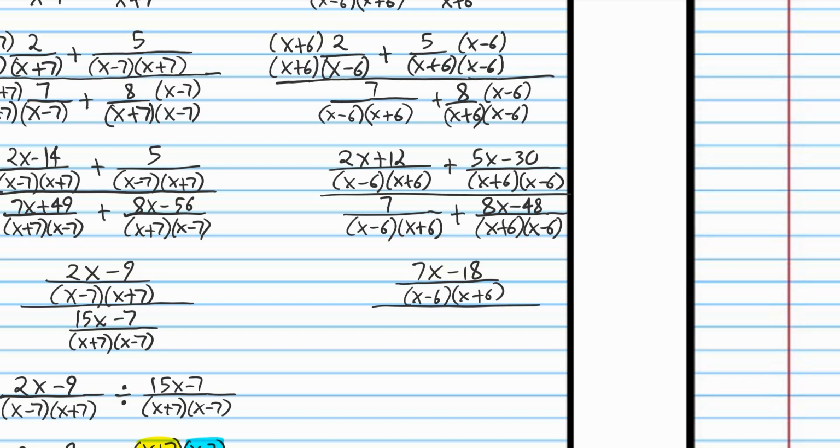And we just have 8x, and 7 plus negative 48 is negative 41.